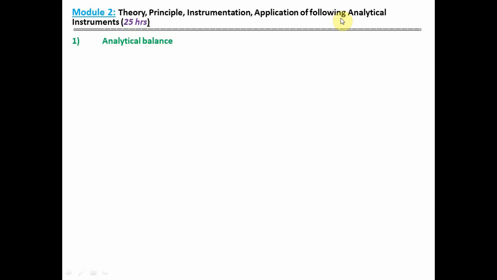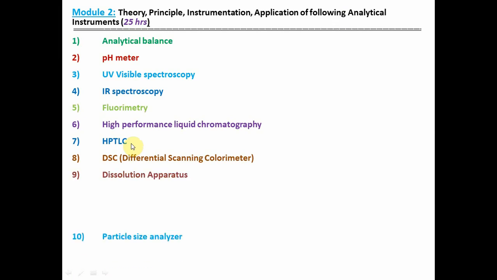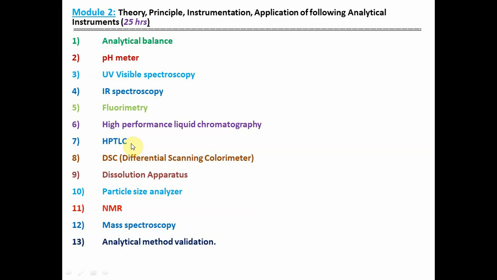Next is module 2, that is theory, principle, instrumentation, and applications of the following analytical instruments, which include analytical balance, then pH meter, UV visible spectroscopy, IR spectroscopy, fluorimetry, high performance liquid chromatography, then HPTLC, that is high performance thin layer chromatography, then DSC, that is differential scanning calorimeter, then dissolution apparatus, particle size analyzer, NMR, that is nuclear magnetic resonance, then mass spectroscopy, and analytical method validation.